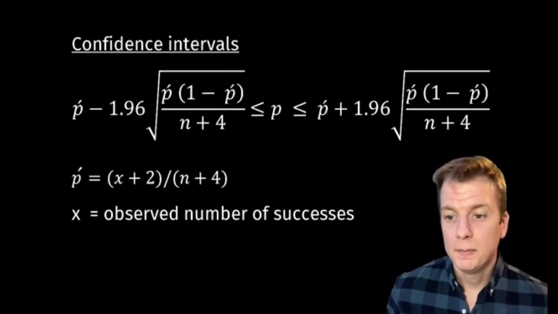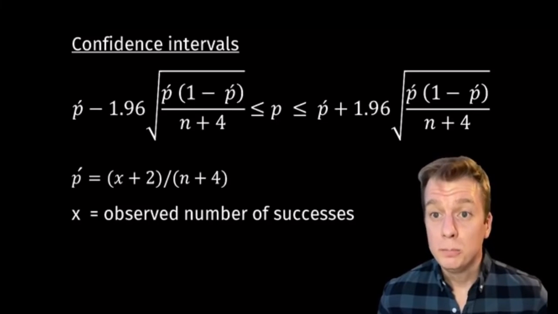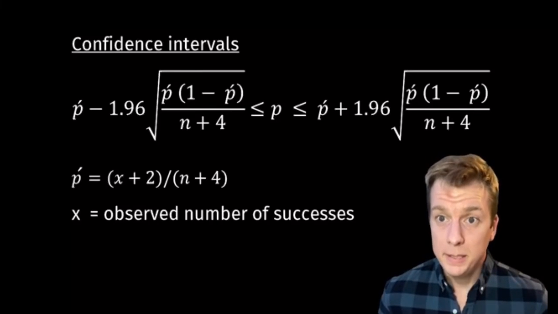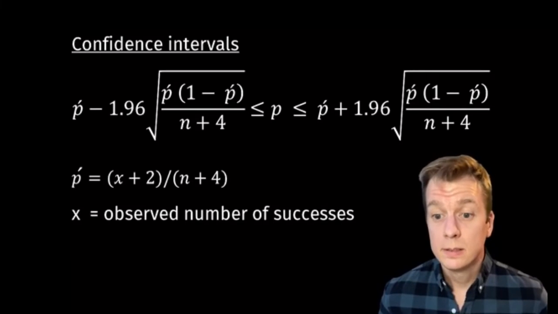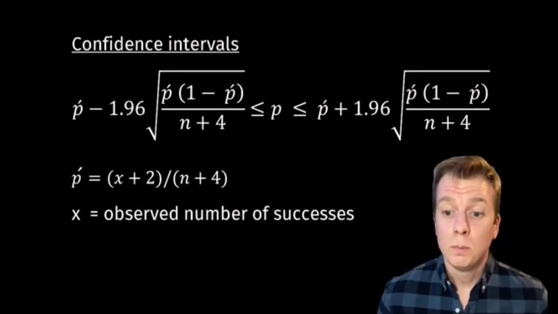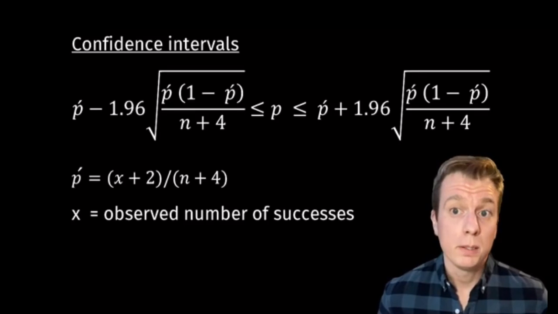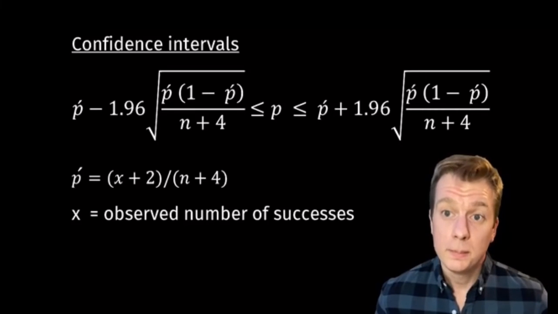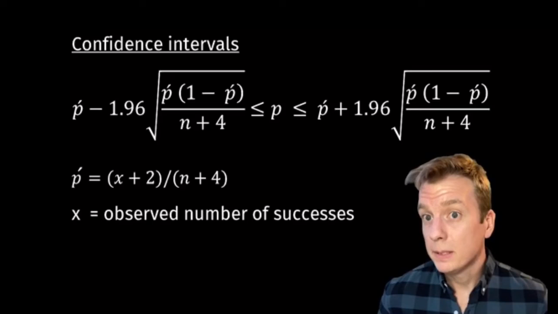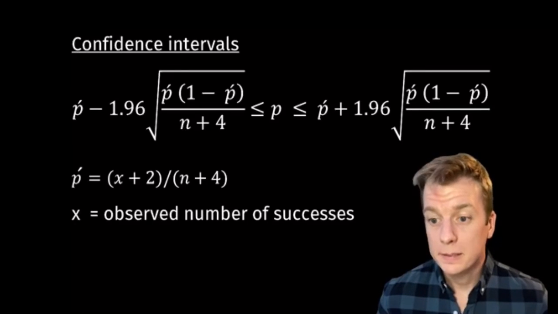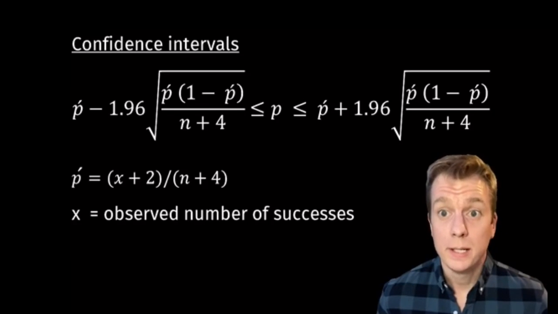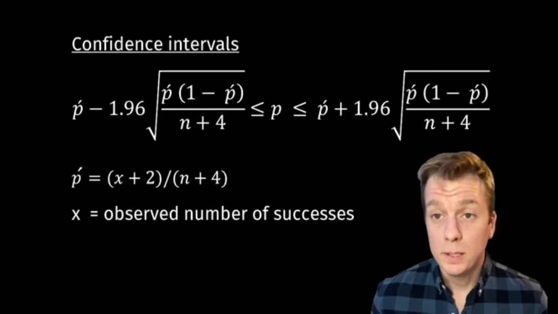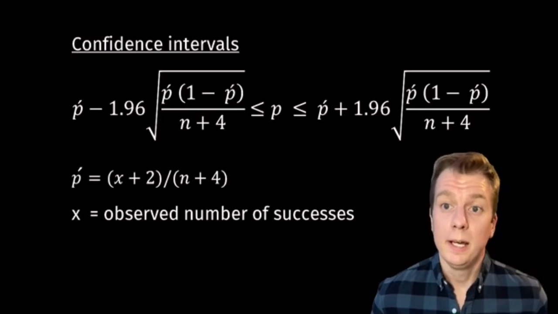So we calculate the confidence intervals by calculating this new probability, which is an accented p, and this accented p minus 1.96 times the square root of the accented p times 1 minus the accented p over n plus 4, and that is the lower limit. And the upper limit is accented p plus 1.96 times the square root of accented p times 1 minus accented p divided by n plus 4.